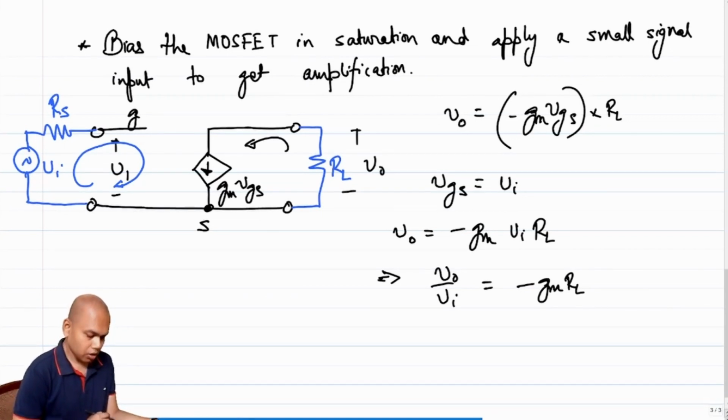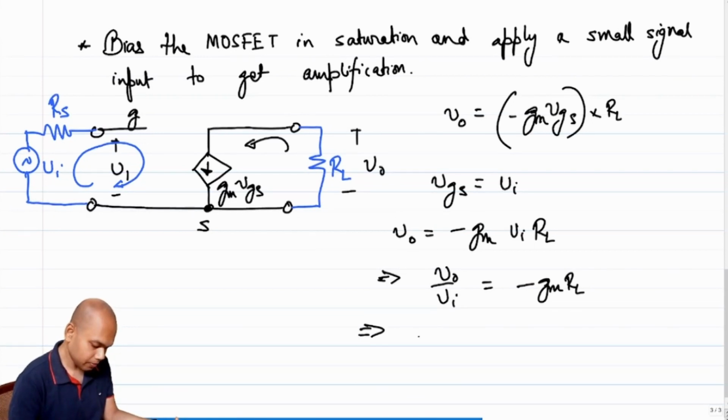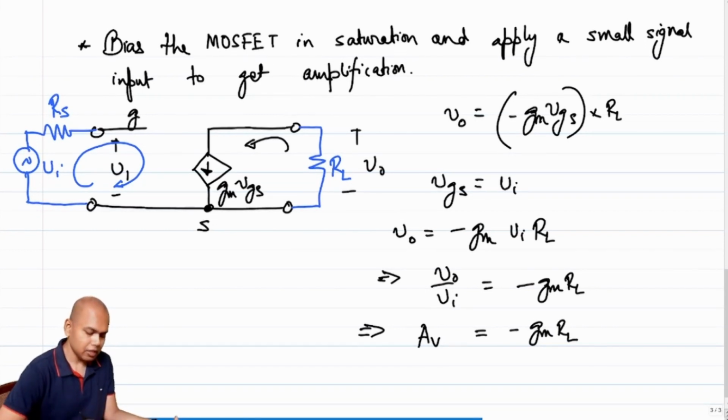Okay, so is this good news or bad news? Clearly this is good news, because now this gain, this AV, is minus GM times RL, right?